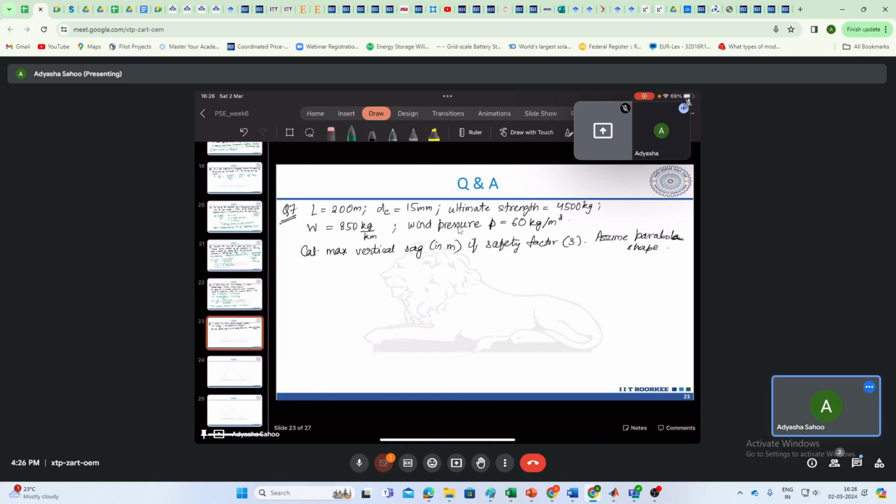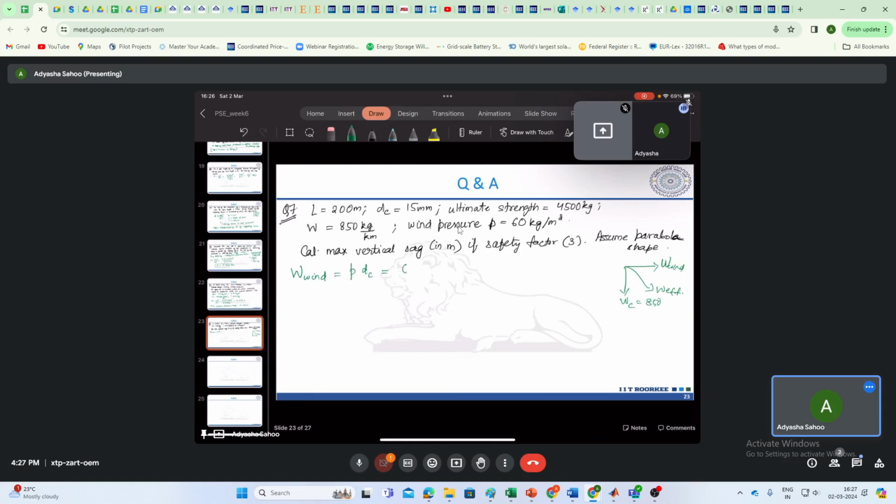So again here, this is your weight of conductor 850. This will be due to wind, and this will be your effective weight. So effective weight due to wind, that we had seen, was pressure times diameter.